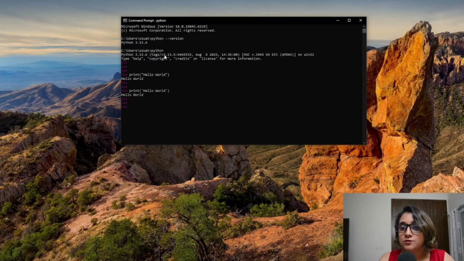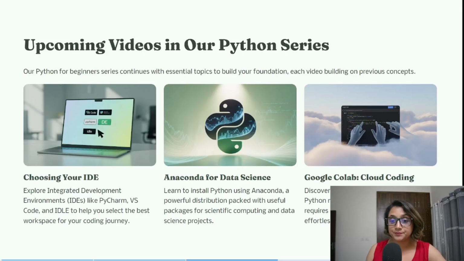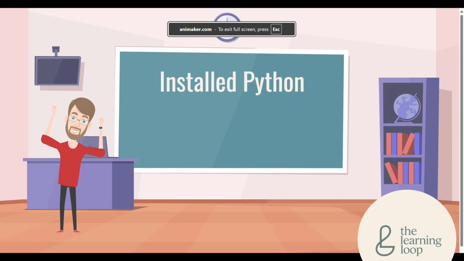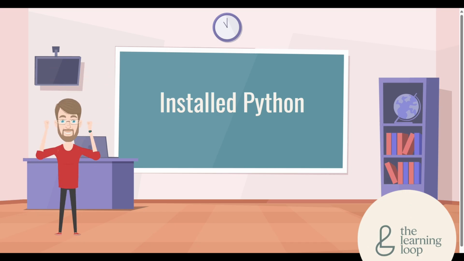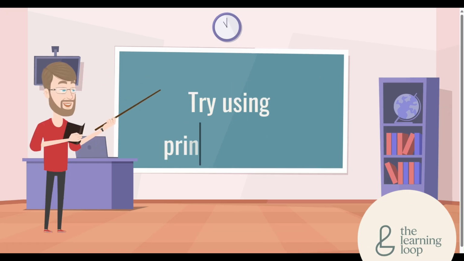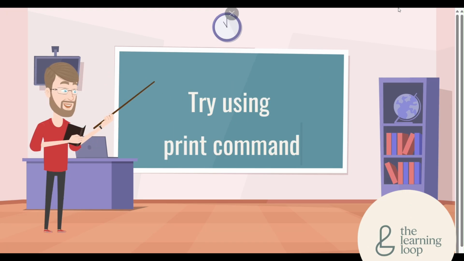Perfect. Which means Python has been successfully installed on my system. Now that we have installed Python, I would like you guys to go back home, try installing Python, and type that print command on your computer.